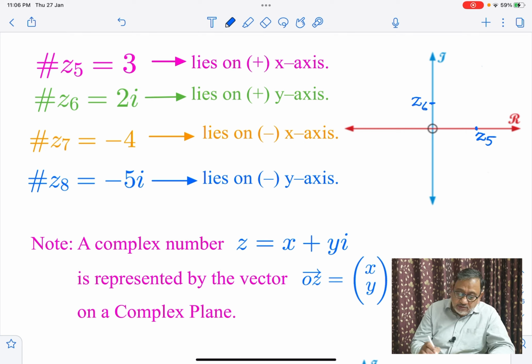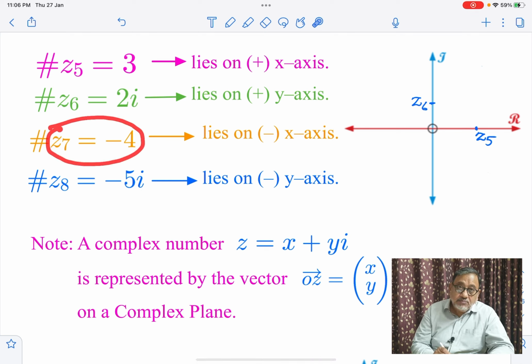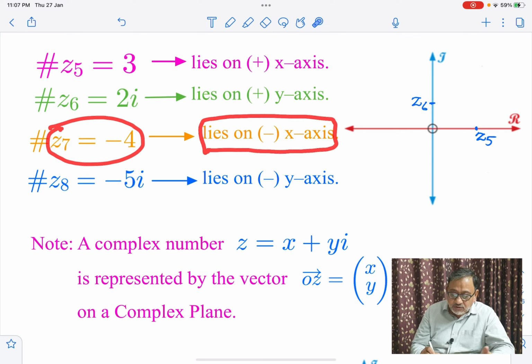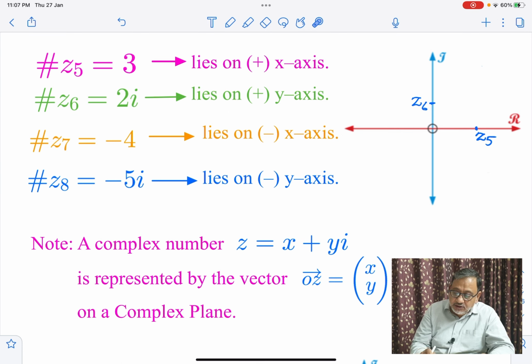And then Z7, negative 4, is a real number but negative. So it will lie on the negative x-axis or negative real axis, you can call it, okay. So here also you can call it the positive real axis, x-axis or positive real axis, okay. Let me write here real axis.